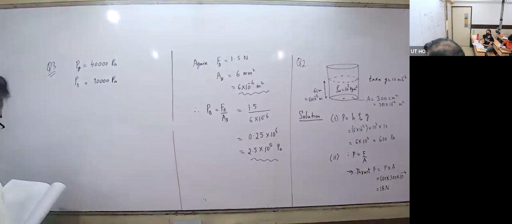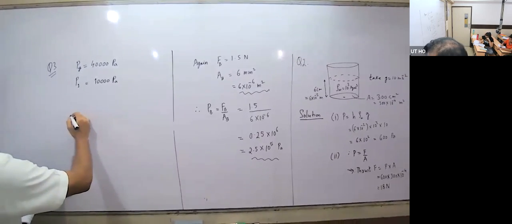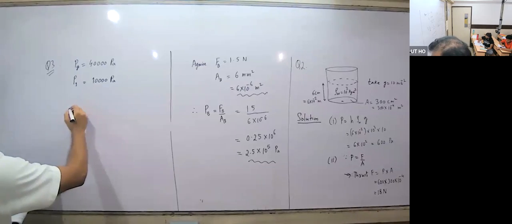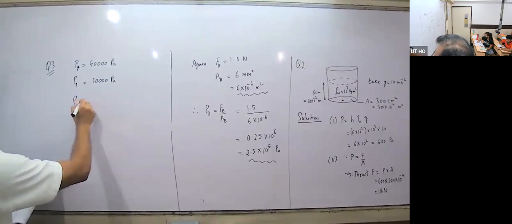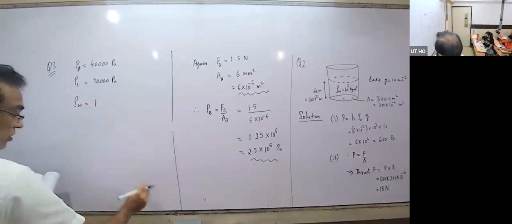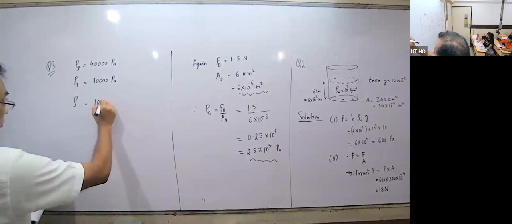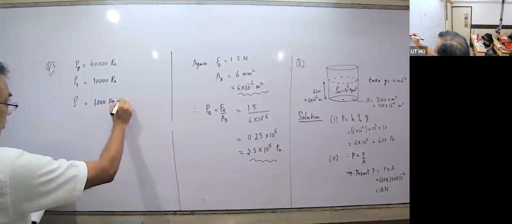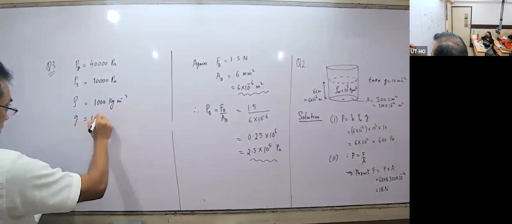So how will you find it? Pressure upon... Then you have density, what is it? Density of water is equal to 1000 kg per meter cube. What else? G is equal to 10 meter per second squared.